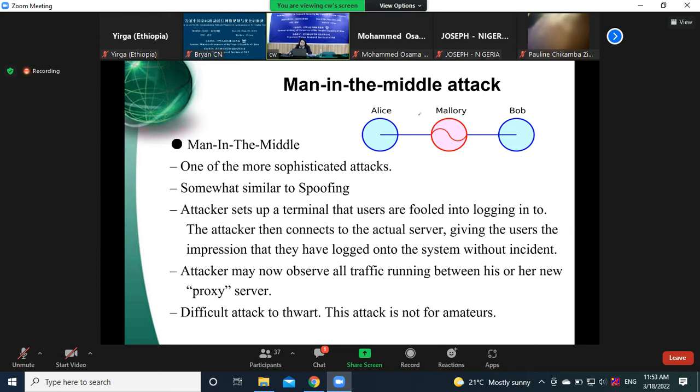So first, in this one, Alice asks Bob for his public key. They also use some algorithms to distribute the security keys.